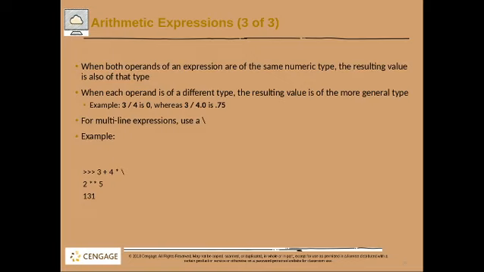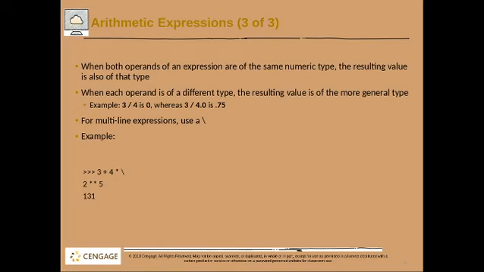So when both operands in an expression are of the same numeric type, the resulting value is also of that type. For example, if you have 2 integers, the result is also another integer. If you have 2 floats, the result is another float. Now, what if you have a different value?